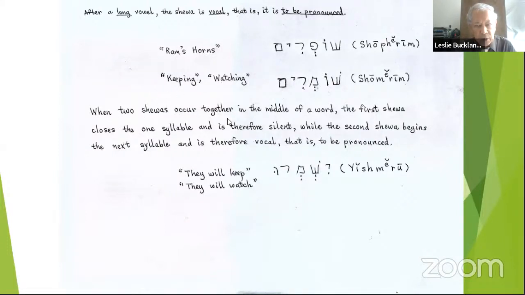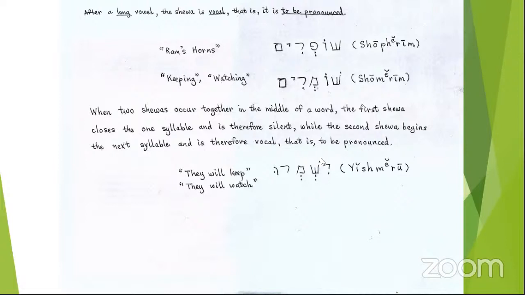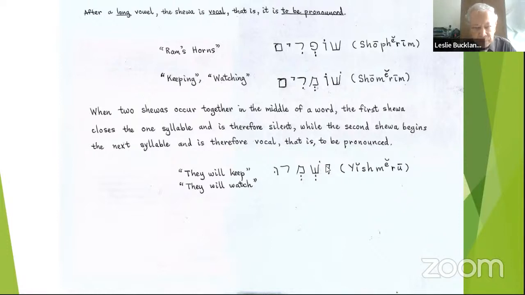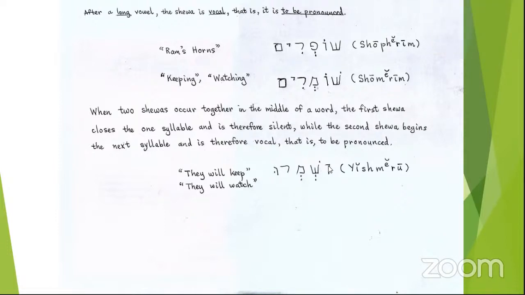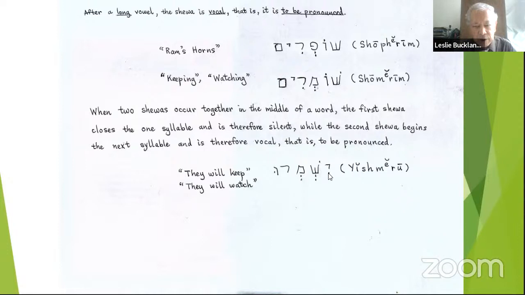When two shiwas occur together in the middle of a word, the first shiwa closes the one syllable, which is this one here, yish. This is a closed syllable. Remember last term we looked at open syllables and closed syllables. And we found that the closed syllable consists of a consonant followed by a vowel and followed by another consonant. So this is a closed syllable. And when you have the shiwa under the last consonant of a closed syllable, it will not be pronounced.